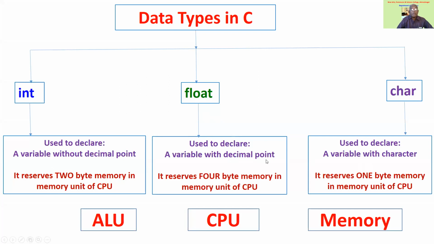Every floating type variable will make a reservation of 4 bytes of memory. Why 4 bytes? 2 bytes for the characteristic part, meaning the integer part, and the remaining 2 bytes for the mantissa part, meaning the numbers after the decimal point.